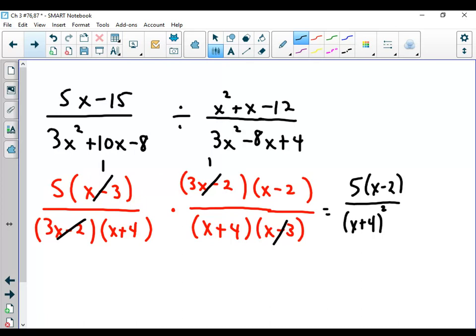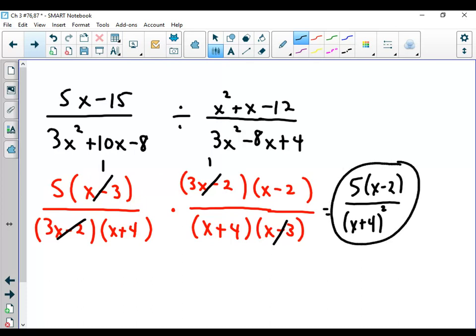The reason I think it's better not to multiply it out is, say I asked you to graph this, or ask you what's an excluded value. It'd be a lot easier to find it now in that form versus multiplying it out. So we're just combining things there, the simplifying part with, in this case, the division part.